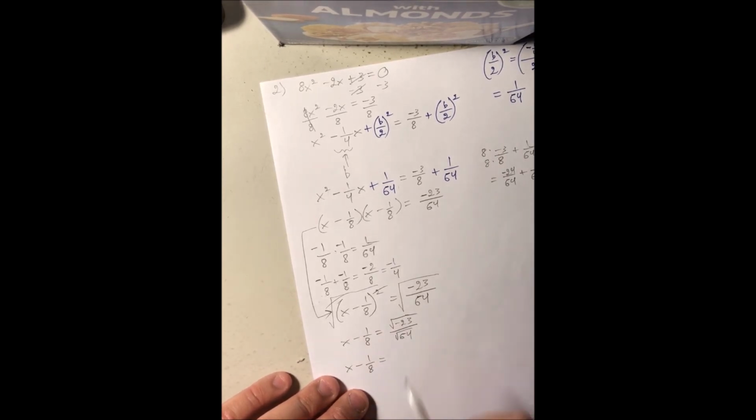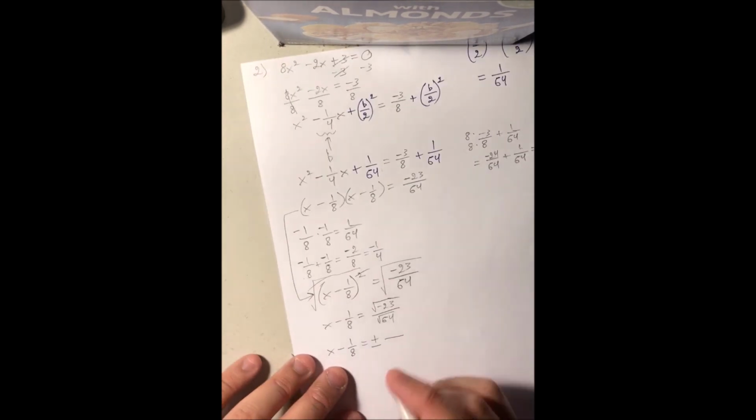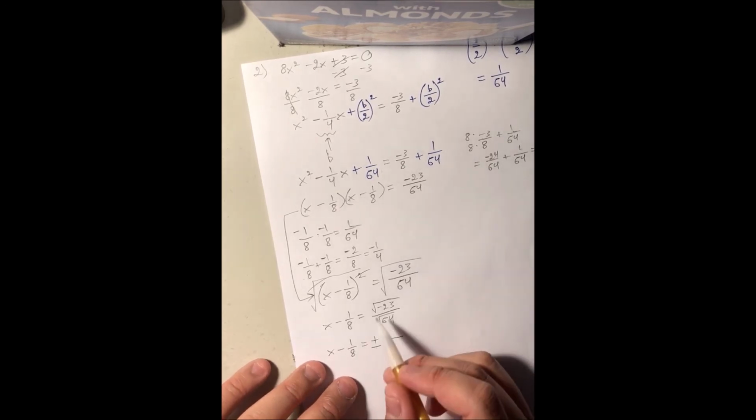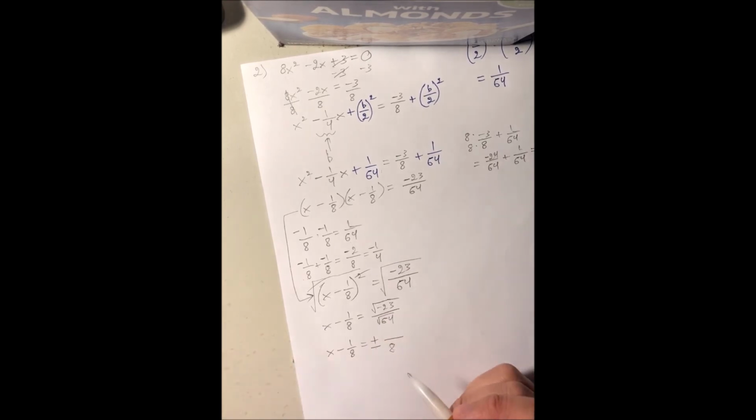But hey, when we take a square root of something, that means we're going to have plus or minus. Okay, so square root of 64 is going to be plus or minus 8. So plus or minus and 8 right there. Now, square root of negative 23 is going to give us an imaginary solution, okay? Because we're not allowed to have any negative number underneath any even root.